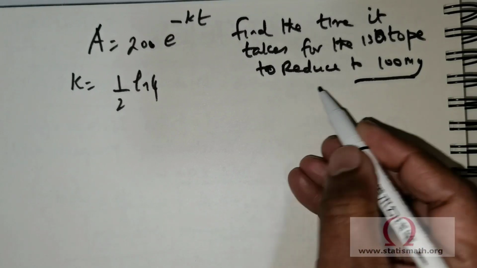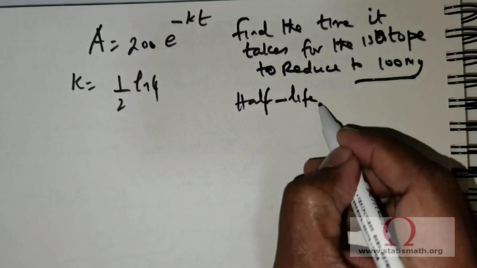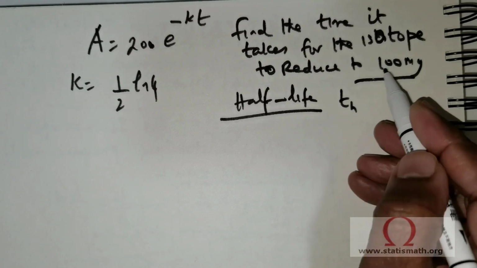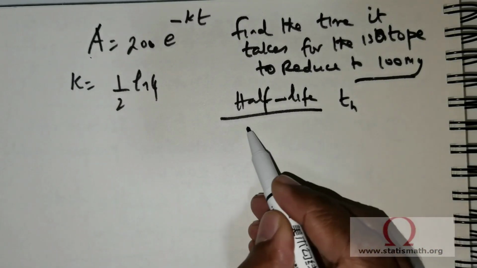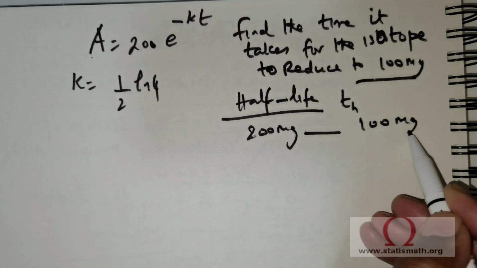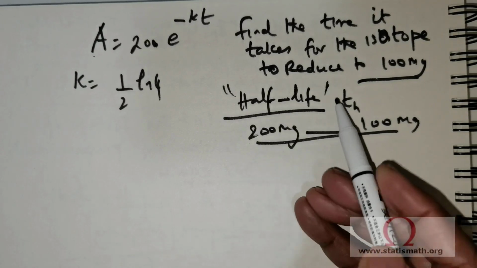See, when they are talking about half-life, okay, this is called the half-life. So they want you to find the time it takes for A to reduce from 200 milligram to 100 milligram. So this is what they are looking for. That is what is called as half-life.